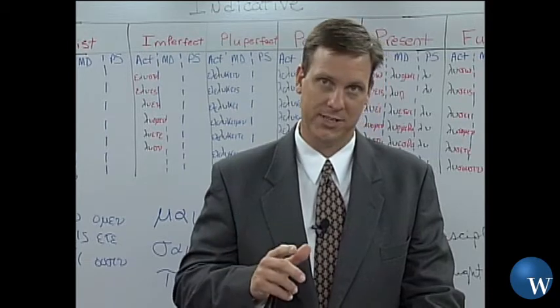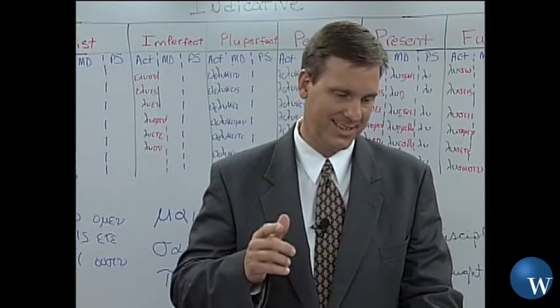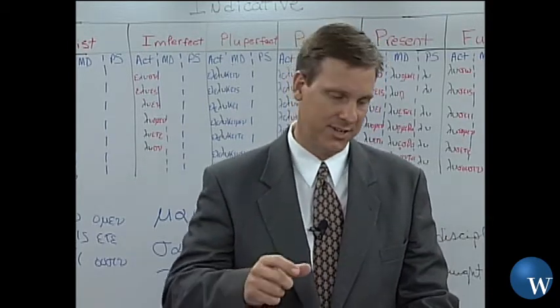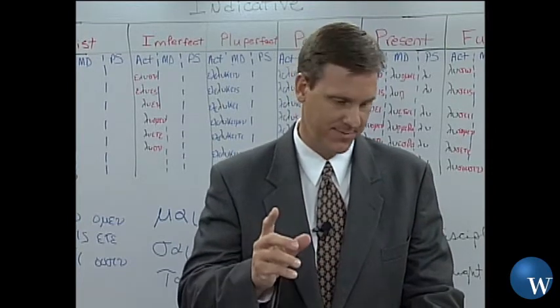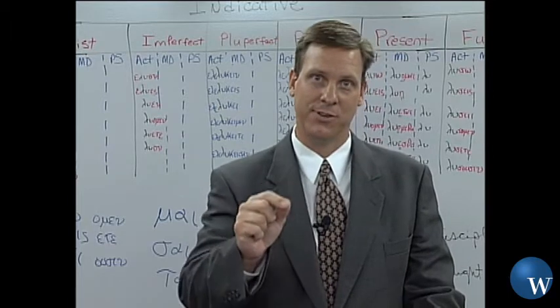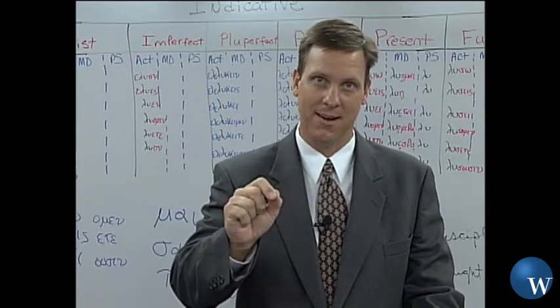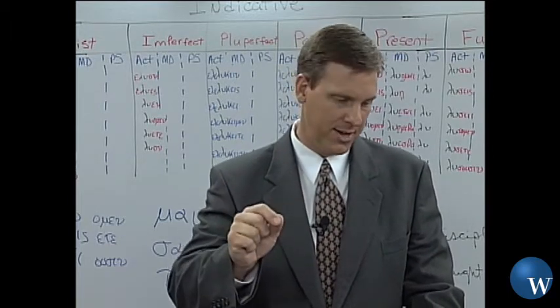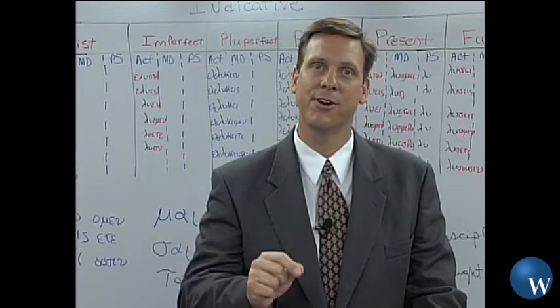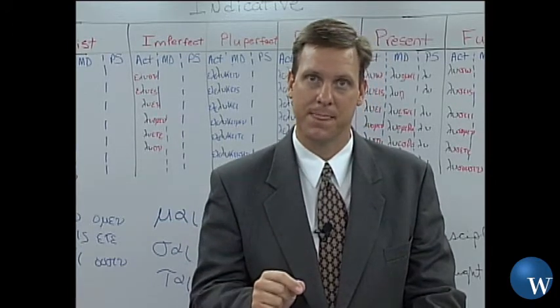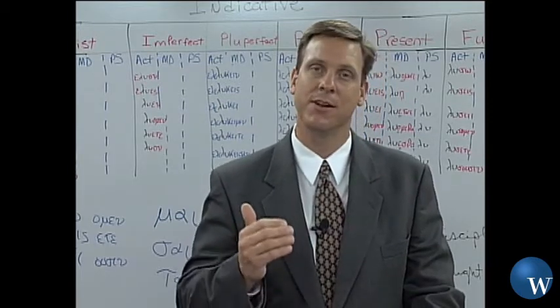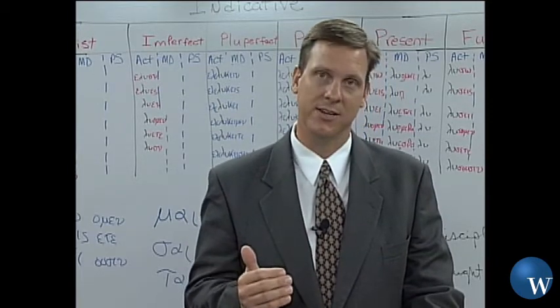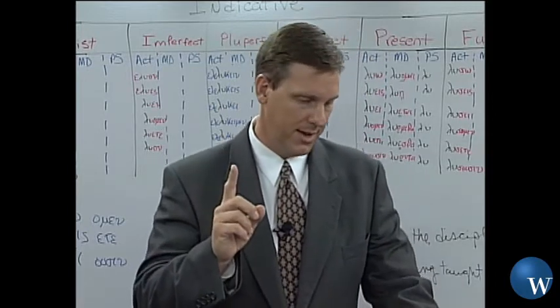In the middle voice, as we've said, the subject is involved in the action of the verb, right? We've already stated that. But the manner, and that's what I want you to underline as well, the manner of the involvement must be inferred from the context. Now he goes on to say, hence there is no single way of translating the middle voice into English, not just one way.